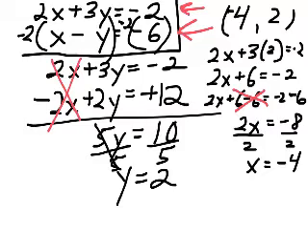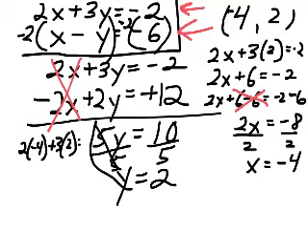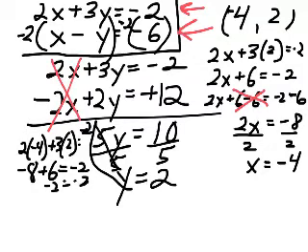So we have 2 times our x, which is -4, plus 3 times 2, which is our y, and that's got to equal a negative 2. 2 times negative 4 is negative 8. 3 times 2 is 6. Negative 8 plus 6. Does that equal negative 2? Yes, it does. Negative 2 equals negative 2. Okay, it works in the first equation.